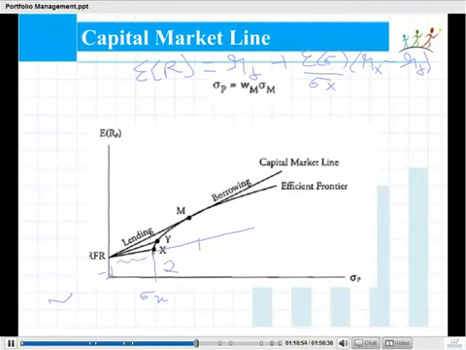To be at this point in the curve, what I'm doing is I'm putting some weight in the risky asset and some weight in the risk-free asset, which implies I'm lending at the risk-free rate. If I'm investing money at the risk-free rate, means I'm giving it to someone, and that someone is giving me the risk-free rate of return. That means I'm lending at the risk-free rate. So if I'm in this portion, then I'm lending at the risk-free rate.